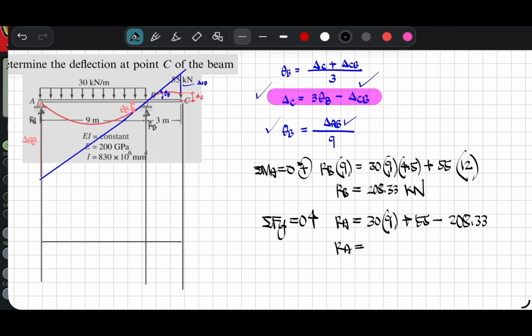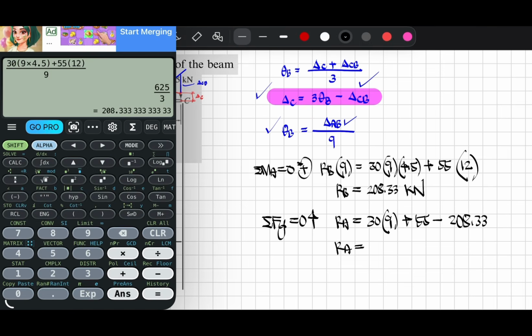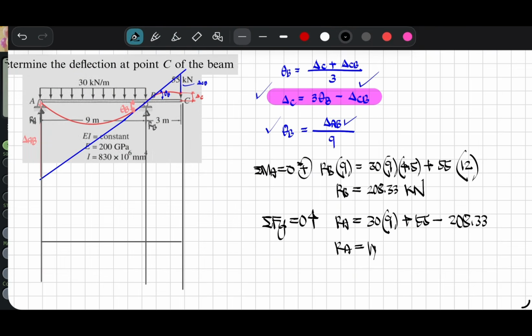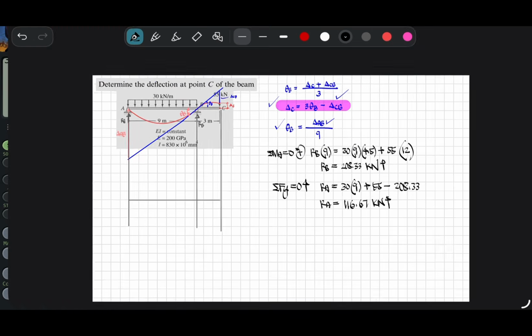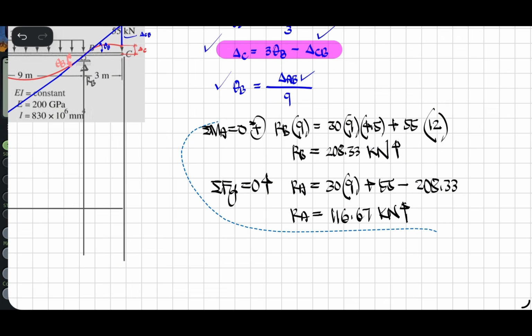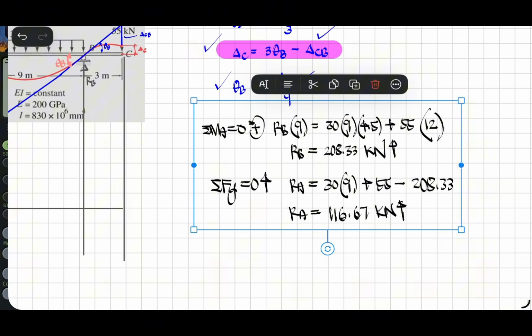RA is equal to 270 plus 55 minus 208.33, which is 116.67 kilonewtons. Okay, so we now have the reactions.